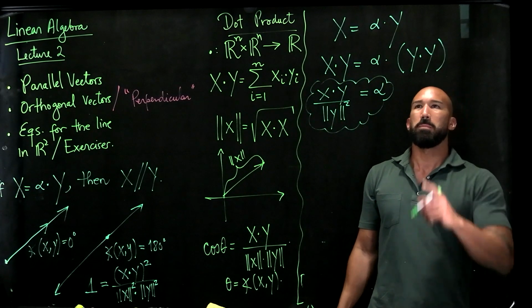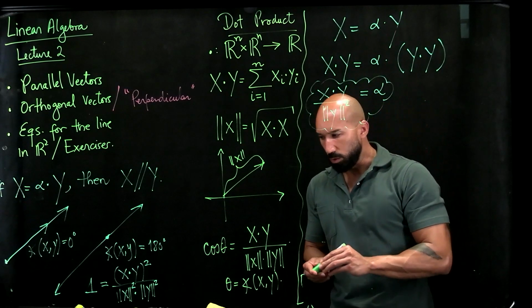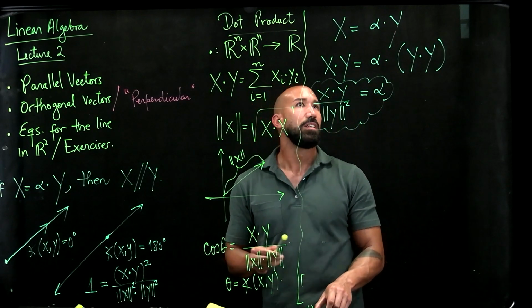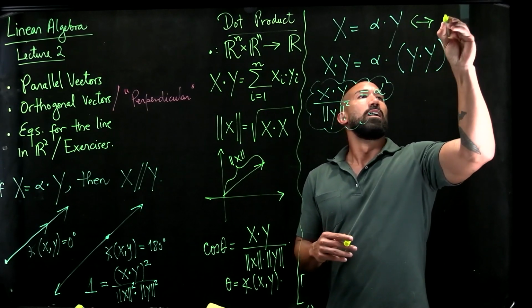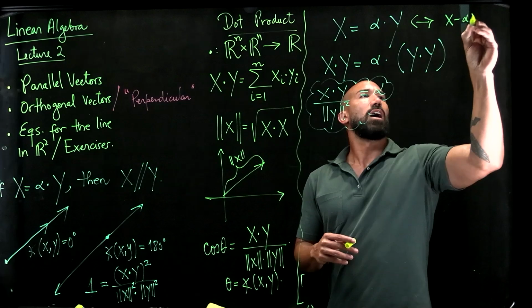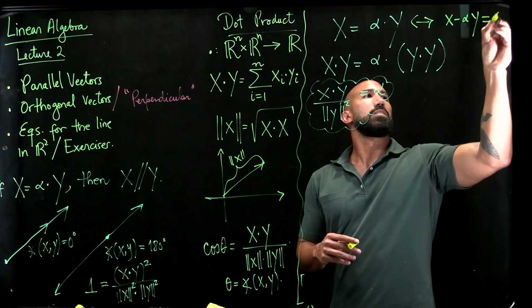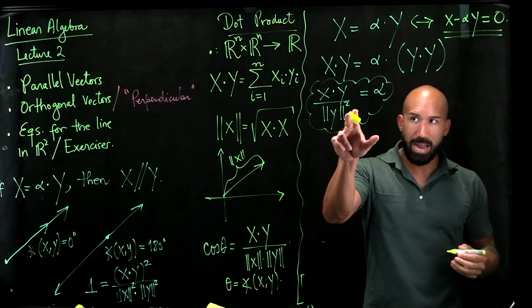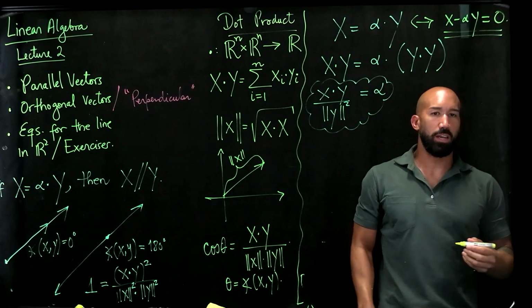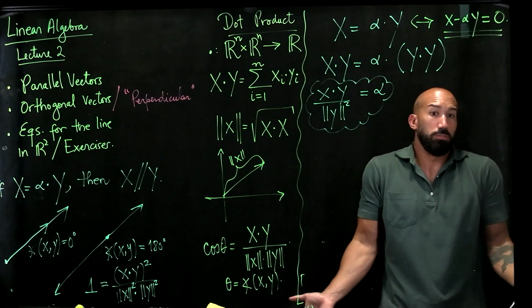Proving that this is equal to this is equivalent to proving that x minus alpha y is equal to the vector 0. So what I'm going to do is prove that x minus this alpha times y is equal to the vector 0.